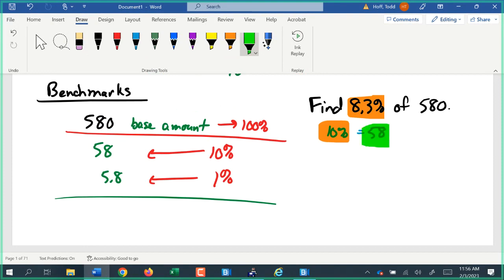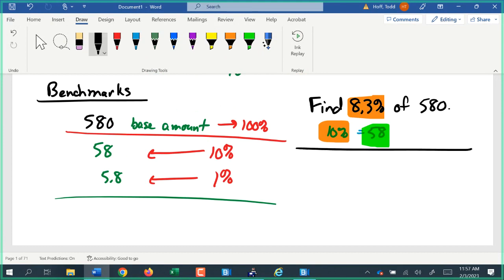My answer here better be slightly smaller than 58. So we can use these benchmarks as a way to double check our calculations. Kind of like we talked about last week, Wednesday, of estimating our answer before we plug it in the calculator. That's one of the things these benchmarks can do. Just have that little bit of forethought before we punch it in.